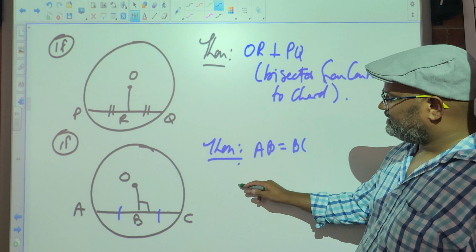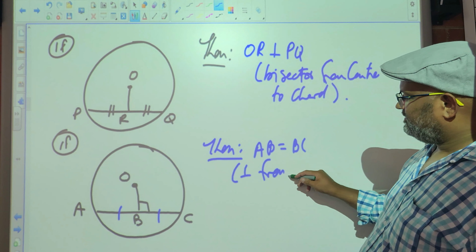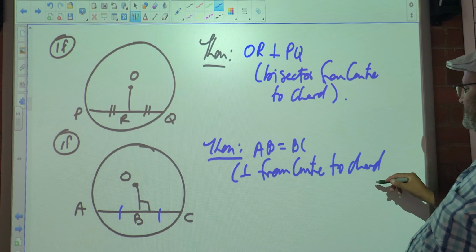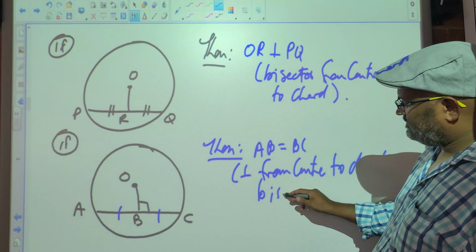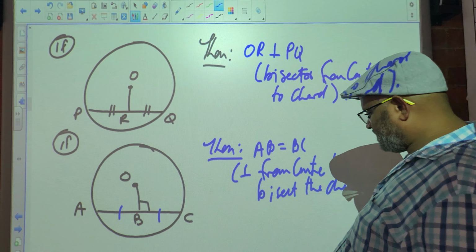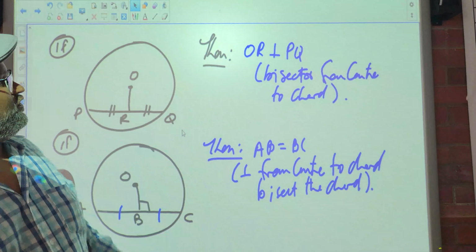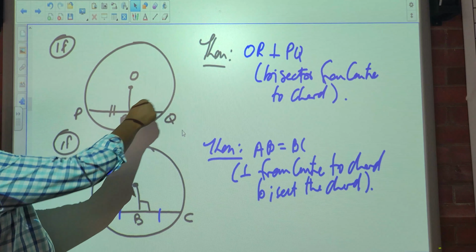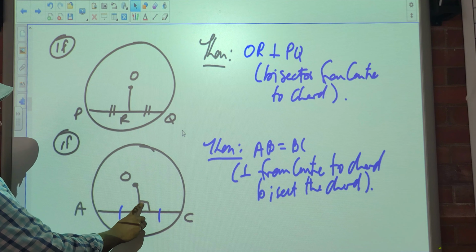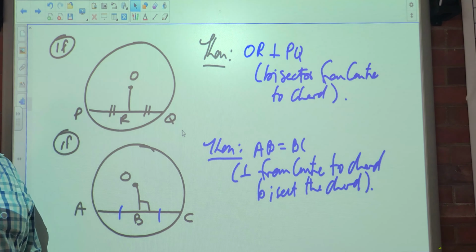Why? Perpendicular from center to chord bisects the chord. Okay. So if you see in the diagram that it is equal, then we know it's 90. If we see in the diagram that it is 90, then those lengths are equal.